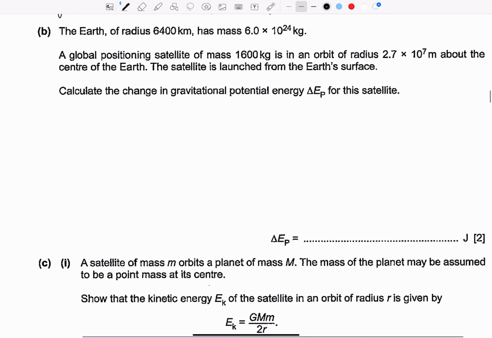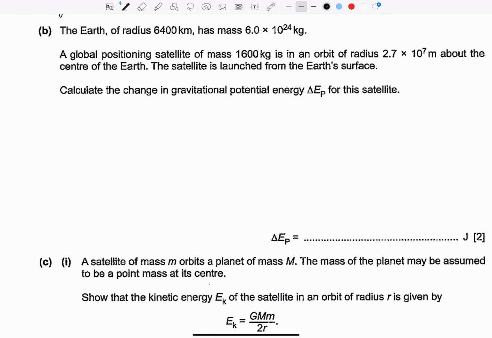Next question. The Earth of radius 6,400 kilometers has a mass. The global positioning satellite of mass is in an orbit of radius this about the center of the Earth. The satellite is launched from the Earth's surface. Change in GPE. So whenever you see the word change, first thing you should do is to think about final minus initial.